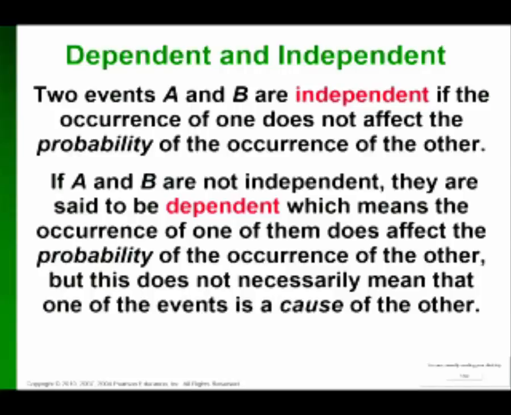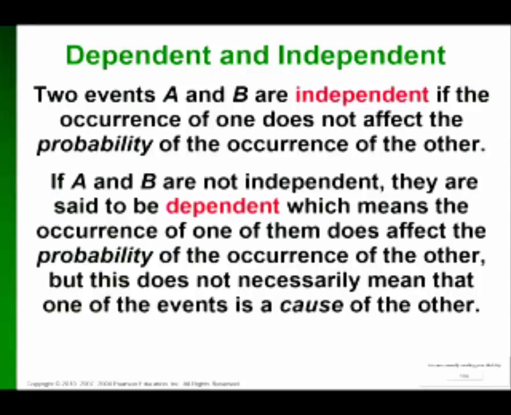Not 4 out of 10 anymore, but what? 3 out of 9. So those two events are not independent. They are dependent. You have to take that into account when you're calculating the probability.